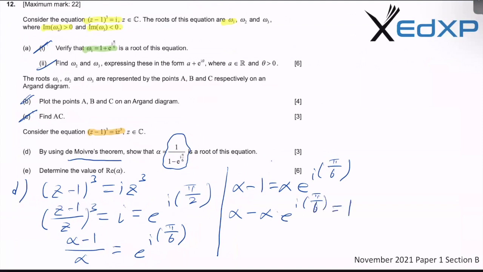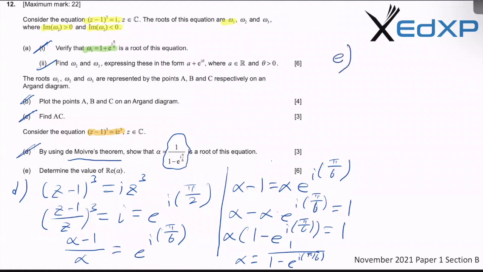Okay, factorize, we get alpha times 1 minus e to the i pi over 6 equals to 1, and we make alpha the subject, and I believe this is the answer that we want. So this is for part D.